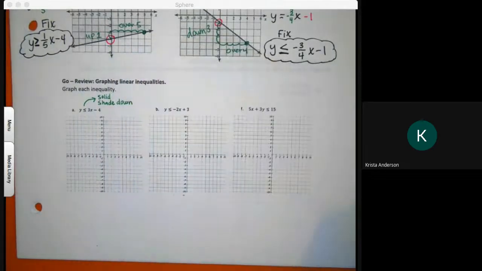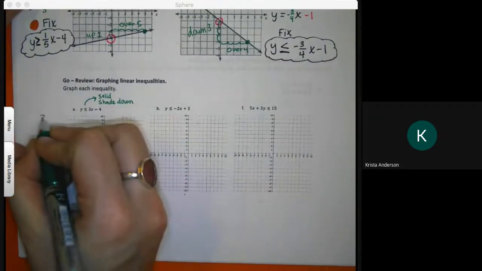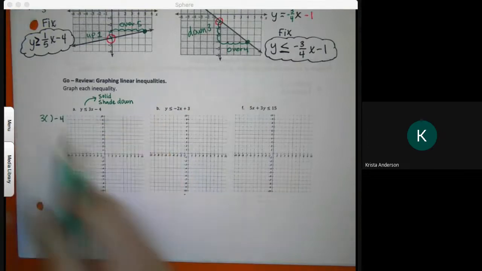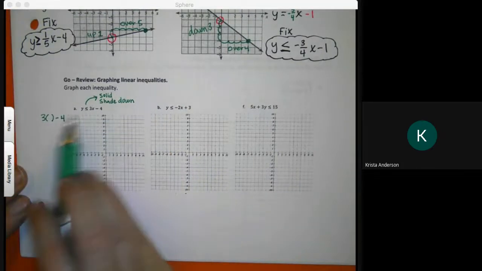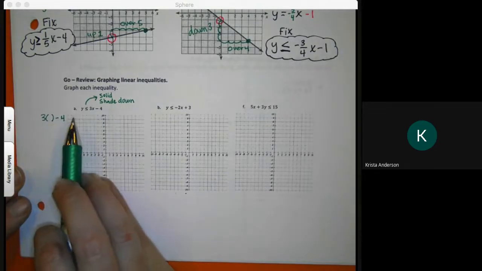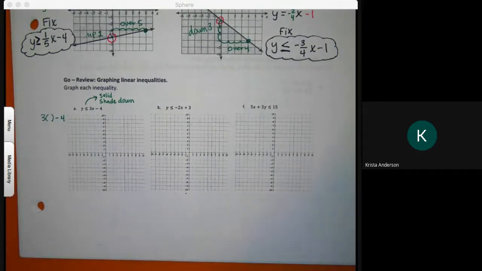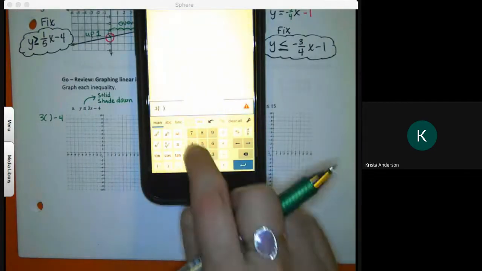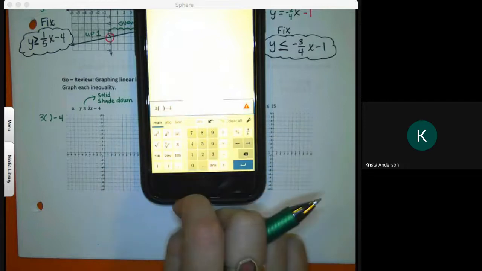Now I need 2 points for my graph. To find 2 points, I'm going to use my calculator and substitute values into my equation. 3 times something minus 4. When I plug in a number, somebody pick a value. 0.